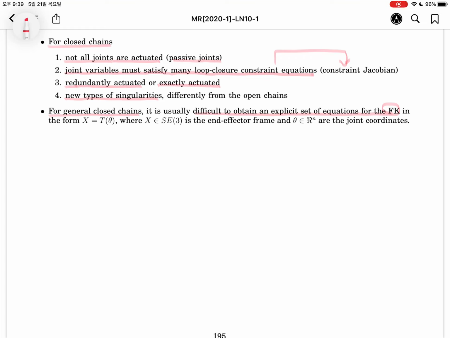On the other hand, for the closed chain case, the IK, inverse kinematics problem, is very straightforward, very easy to obtain. But the forward kinematics will be a difficult issue. So both are dual issues between the serial chain and closed chain.